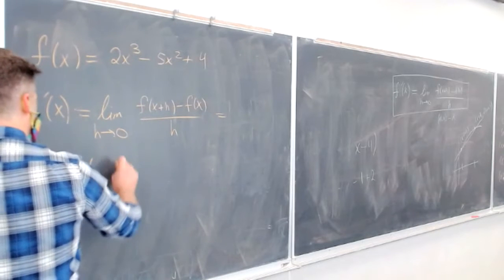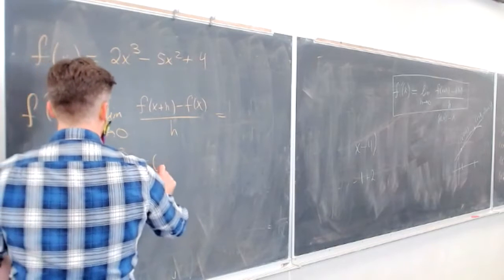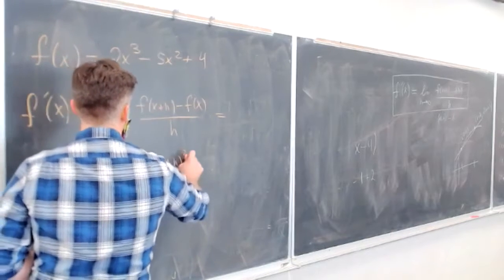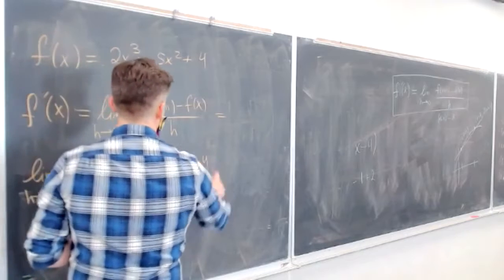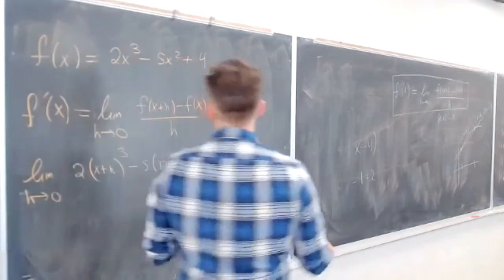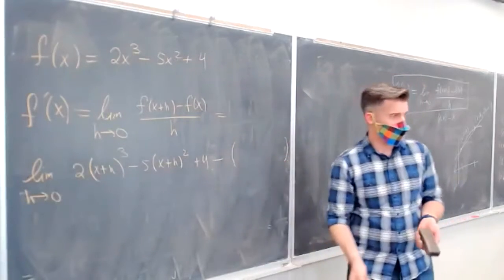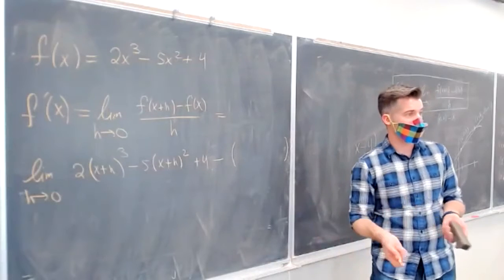It's going to be 2 times x plus h cubed minus 5 times x plus h squared plus 4, minus, and this is an important fact, all of f of x. So all of f of x needs to live in parentheses, so we distribute the minus sign and things cancel how they should.